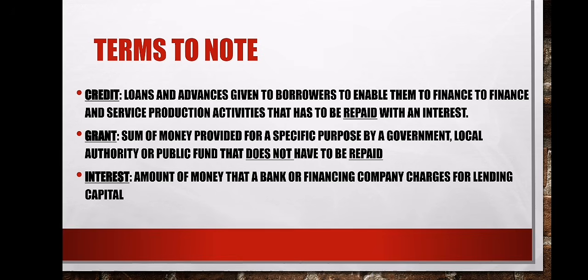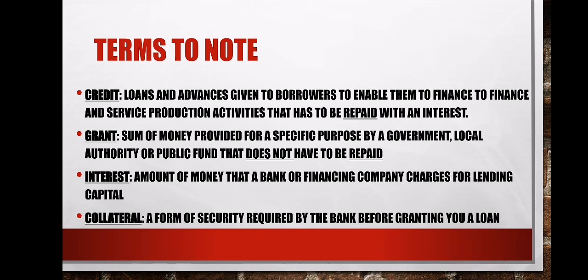When you borrow the loan of 200k, you will pay the 200k with an interest. So it is the money on top of the loan that you have borrowed. So it's what the bank charges after lending you the money. You have to pay back the loan with an interest. Then we can also look at this one, collateral.